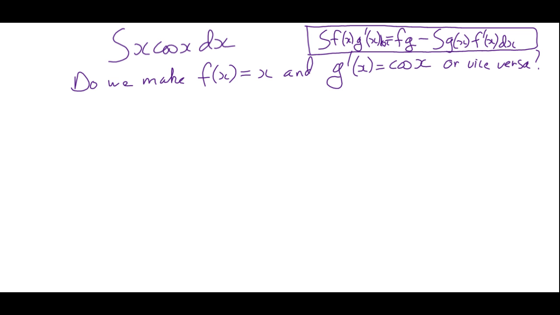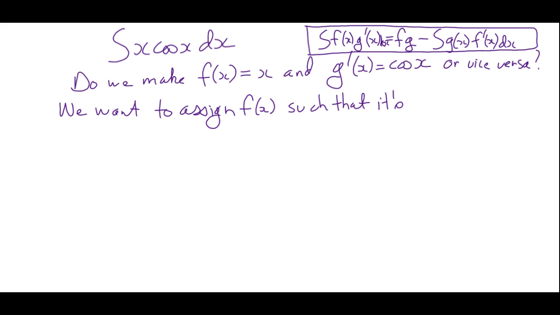We want to assign f of x. One of these has to become f of x, right? So we want to assign f of x such that its derivative is easy to find, because we need f prime of x over here.